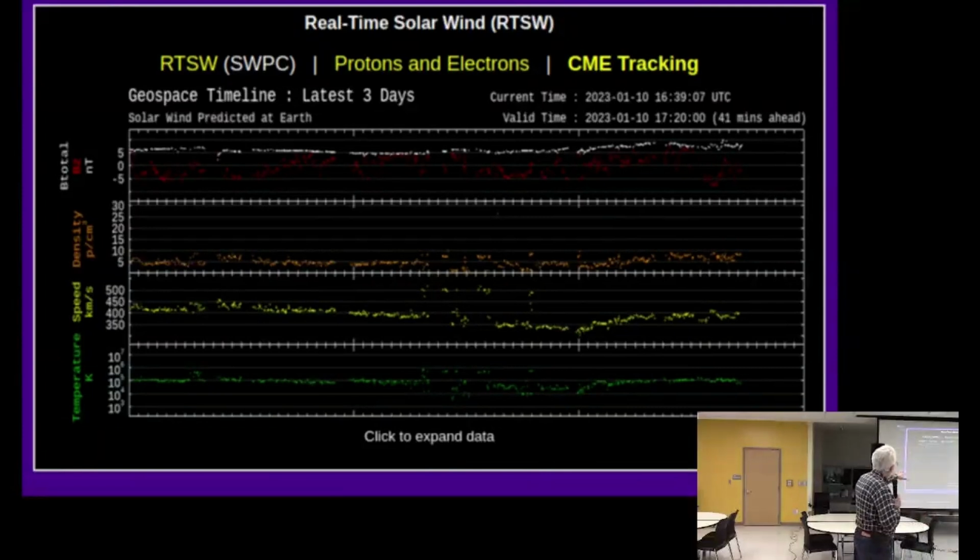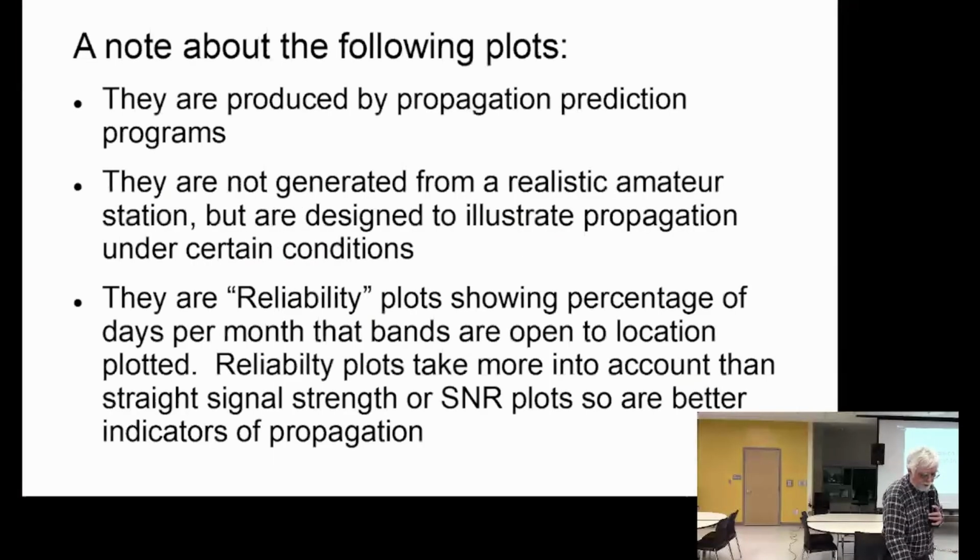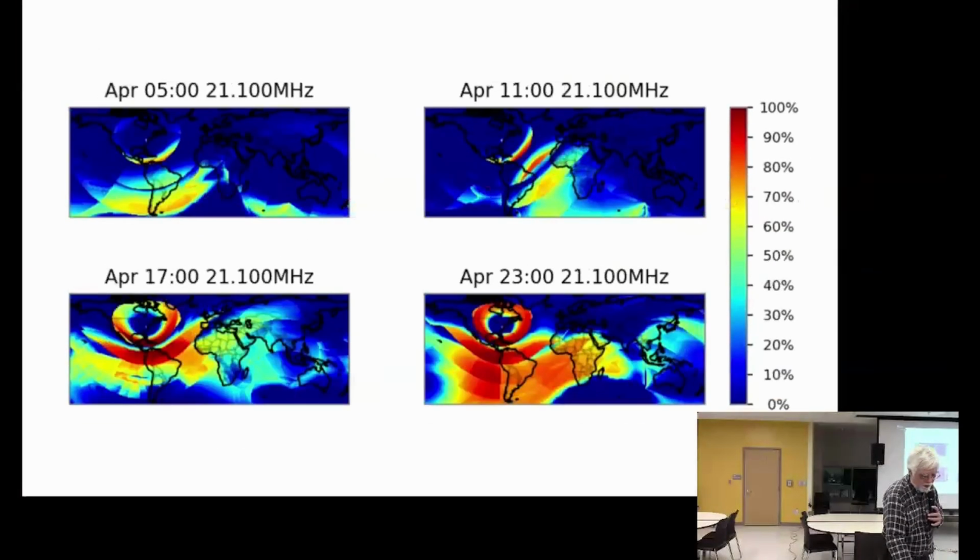And the bottom plots will occasionally spike as material comes in, and you'll usually see the BZ go either south or north when the spike occurs, because it's indicating which way the magnetic field is with them. I'm going to go to the end here.